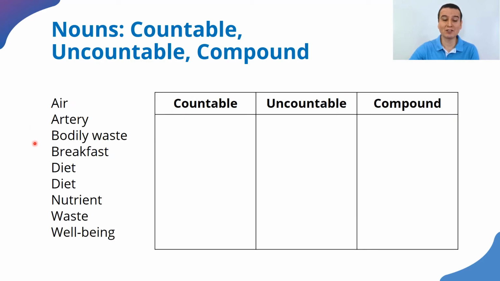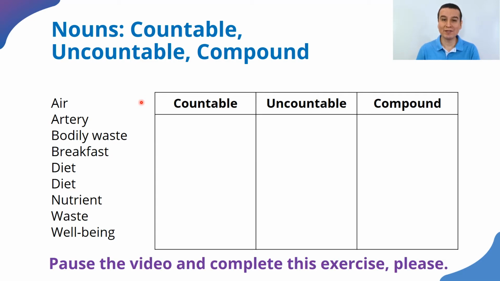So I'm giving you here a chart for you to, let's say if you have your notebook, you can write underneath each of those headings, which are countable, which are uncountable, which are compound. There are 9 nouns, and let me tell you, there are 3 of each kind for your reference. All right? So I'm going to ask you to please pause the video, complete the activity, and I'll show you the answers in a moment. Pause the video, complete the activity now, please.